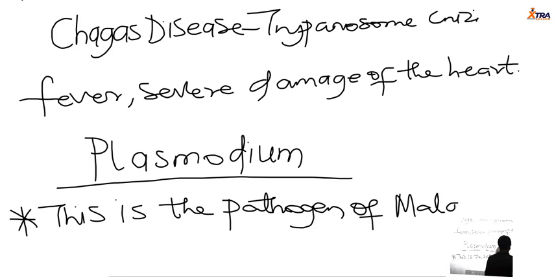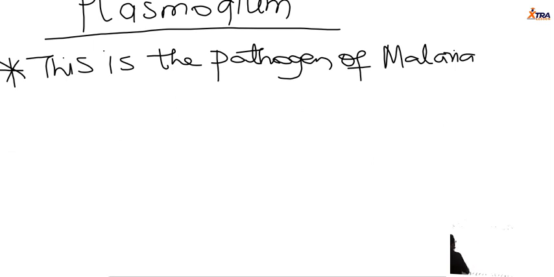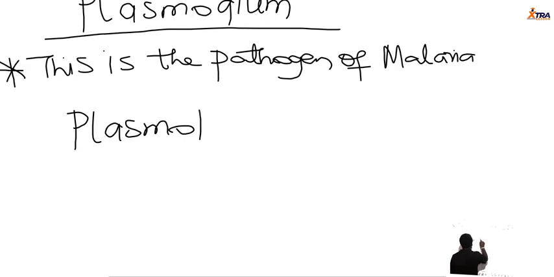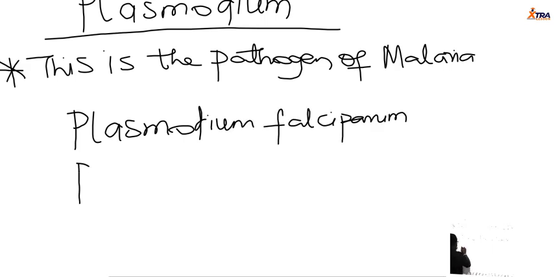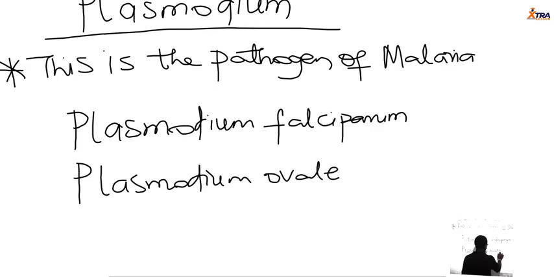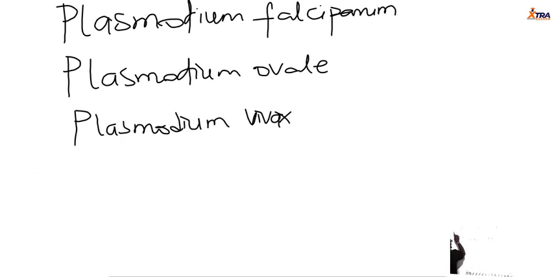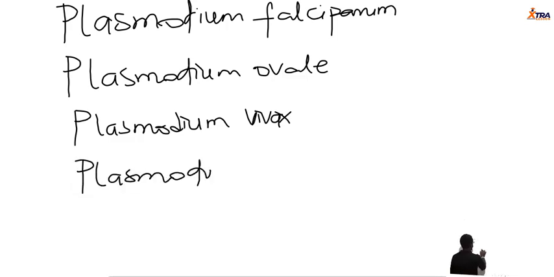And there are many species of it. We have Plasmodium falciparum, Plasmodium ovale, Plasmodium vivax, and finally, Plasmodium malariae.